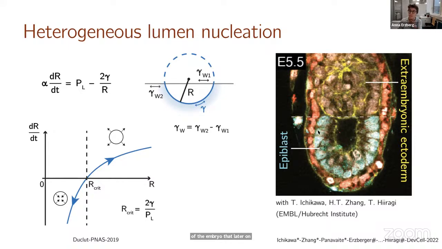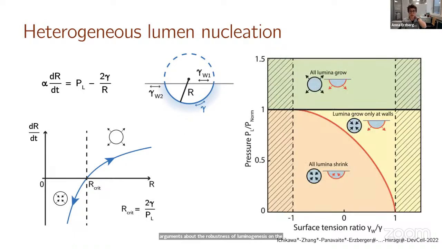And this is the lumen here. And we were wondering if we can make some general arguments about the robustness of luminogenesis on the basis of these types of arguments. So we pose the problem in such a way that we say we are starting from a fixed initial volume, the idea being that this framework applies above a certain scale. This is, of course, also true for classical nucleation.